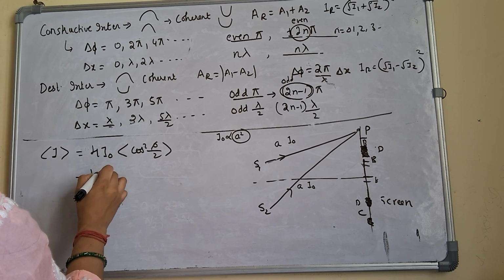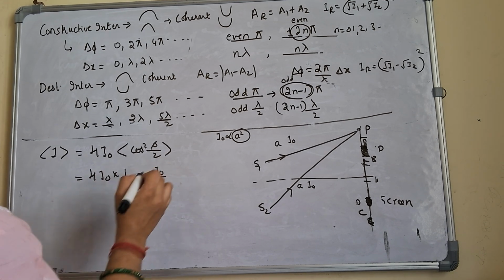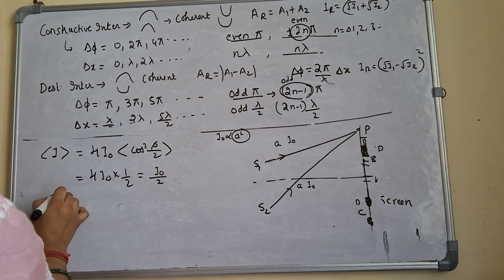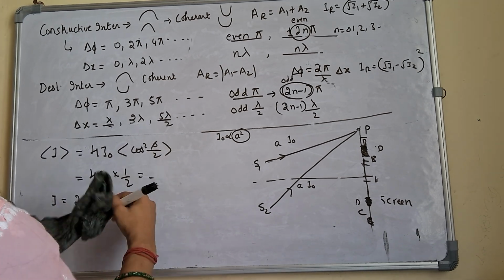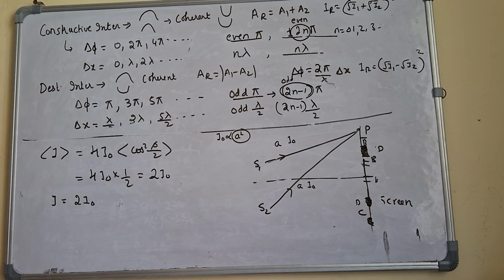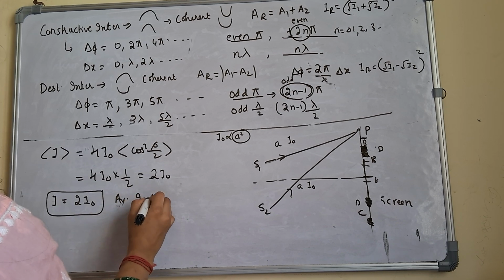So you get 4 I naught into half, which is 2 I naught. So I will be 2 times I naught. This is the average intensity.